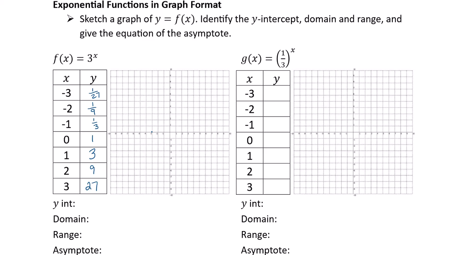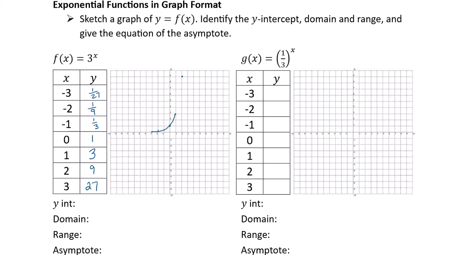At negative 2, a little bit larger number of 1/9, still quite small. At negative 1, 1/3. At 0, 1. At 1, 3. At 2, 9, and by the time I get to an x value of 3, I've shot up to 27.